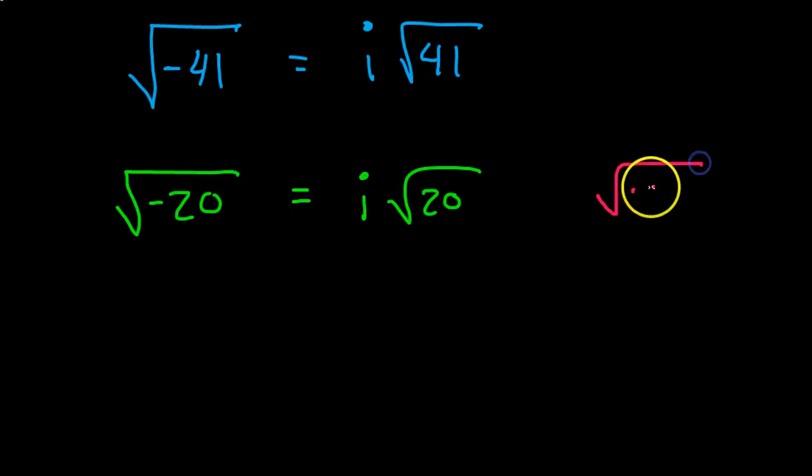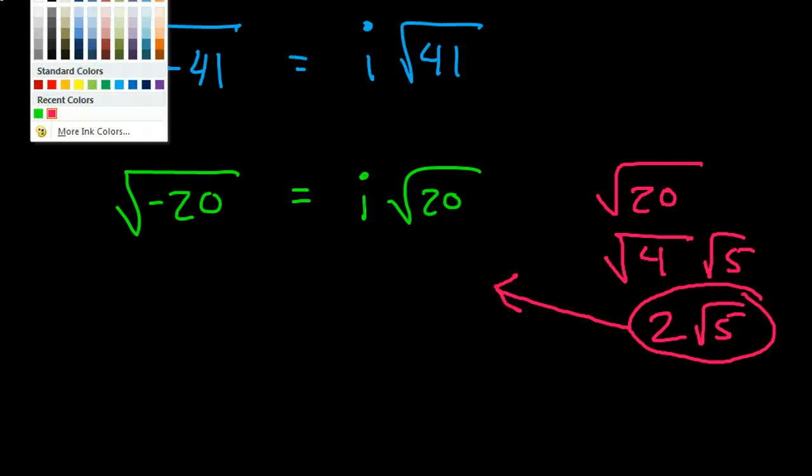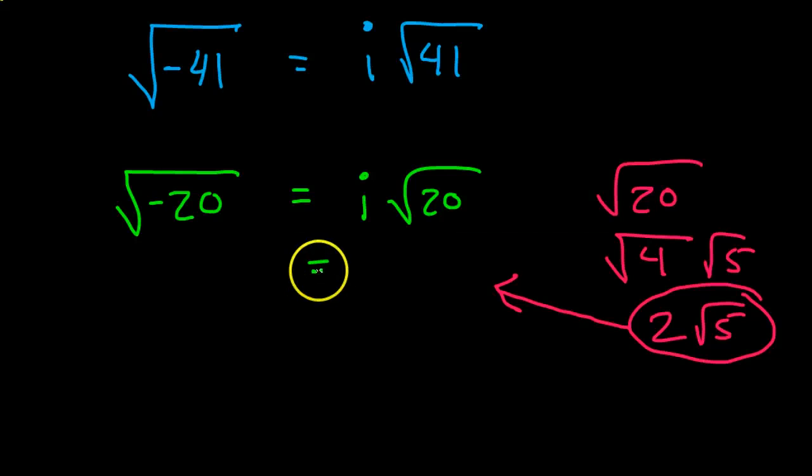The square root of 20 is the same thing as the square root of 4 times the square root of 5, so that's 2 radical 5. Just remember that. So back to this. The square root of 20 we just saw is 2 radical 5, but the i just goes in the middle.